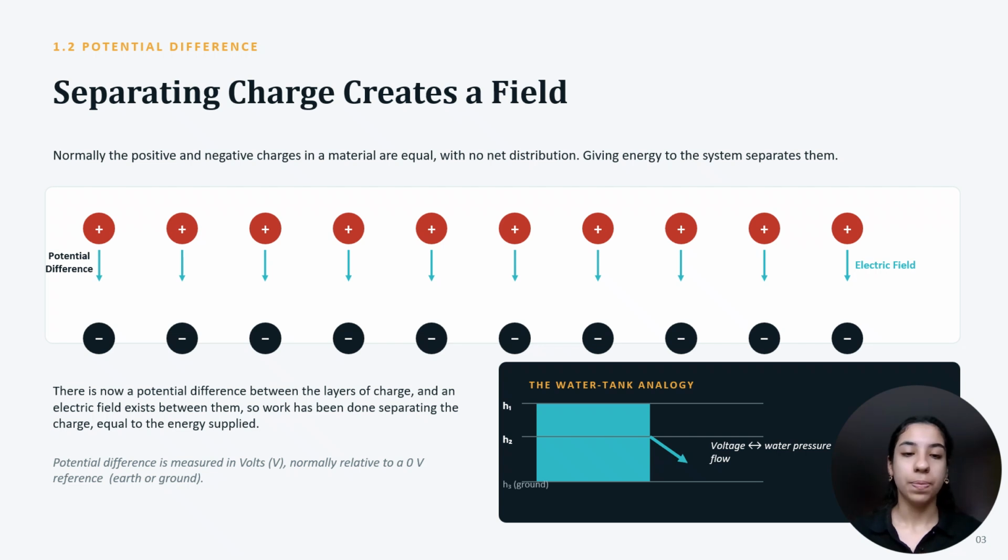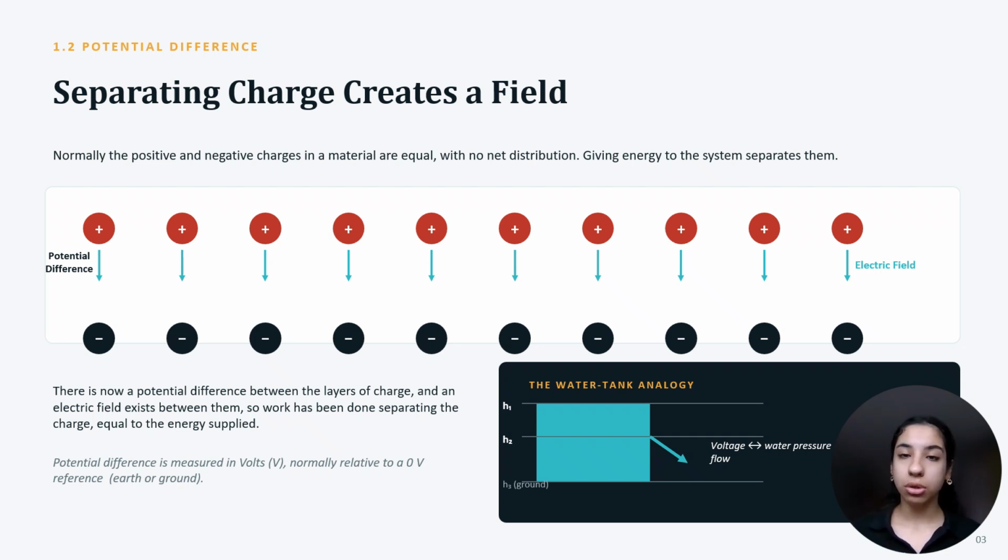Okay, so work has been done, and potential difference is always calculated in terms of volts, V, and it's always relative to 0 volts, reference to the earth or ground.